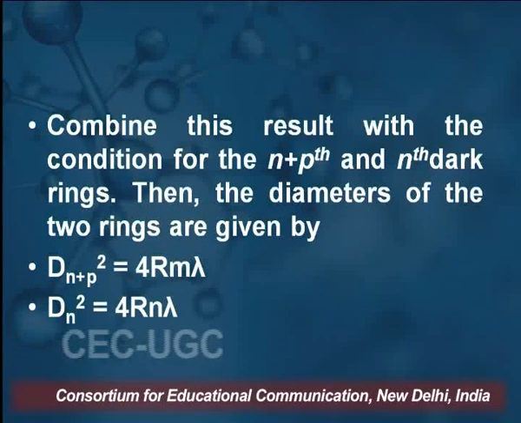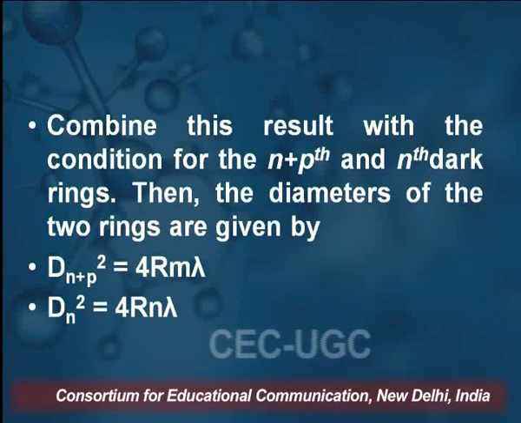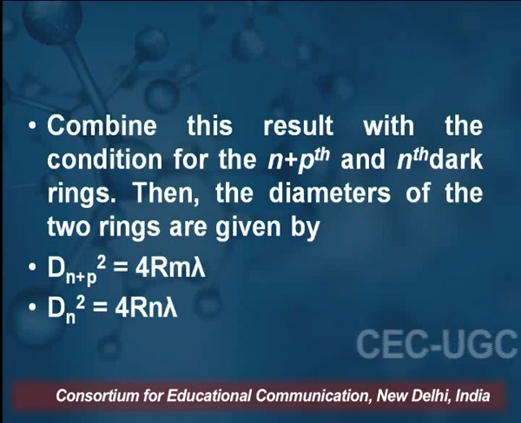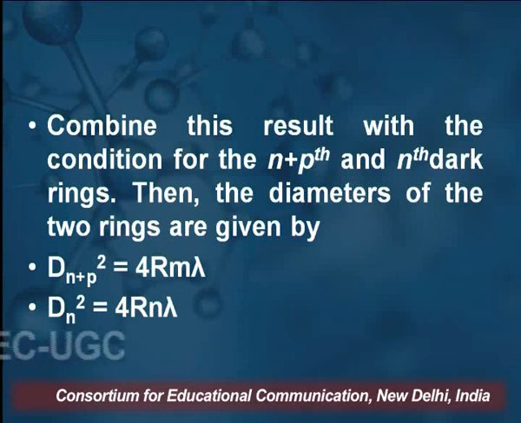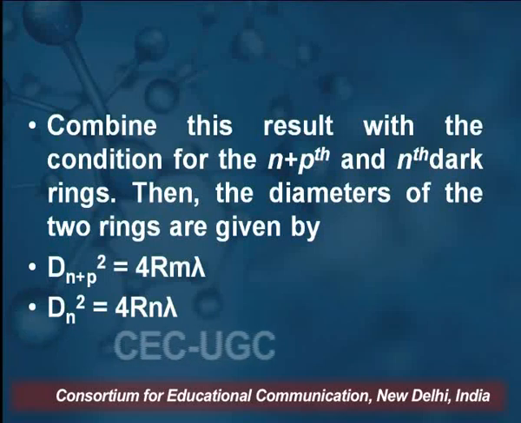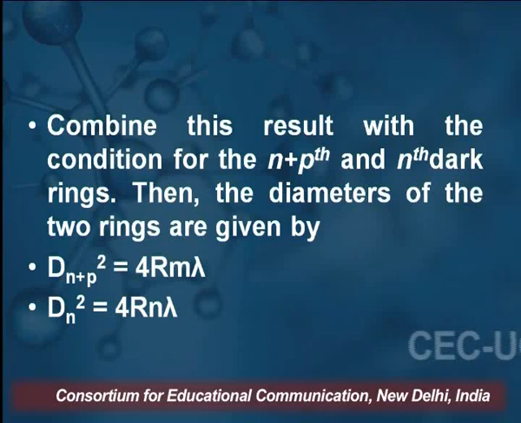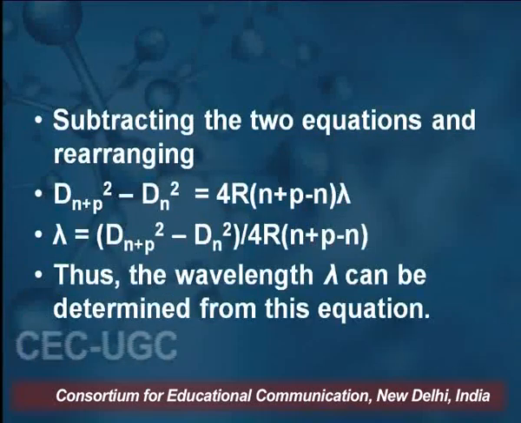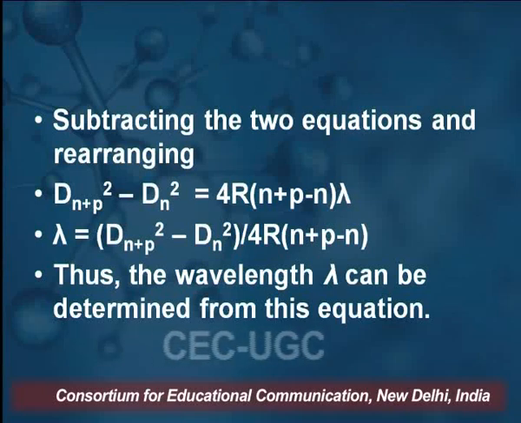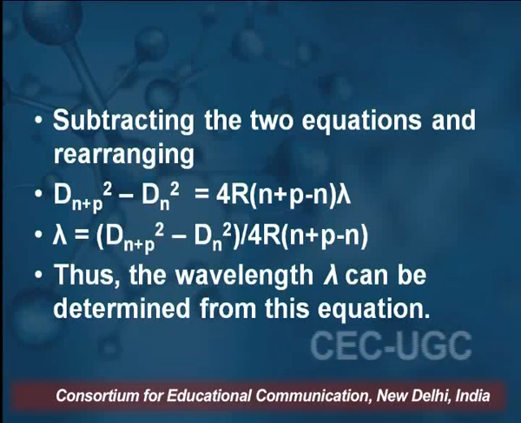Combining this result with the condition for the n plus pth and the nth dark fringes, the diameters of the two rings are D(n+p) square equal to 4(n+p) lambda R by mu and Dn square. Now we subtract the two equations and arrange it.